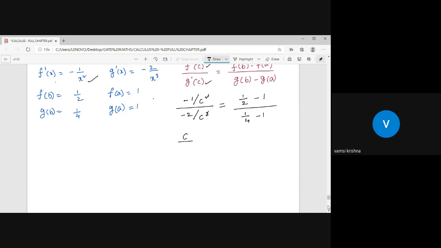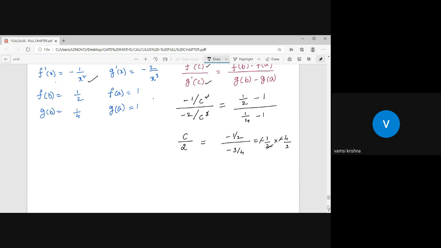1 c in the denominator 2. You have c by 2 equals 1 minus half, which means simply half, and 1 by 4 minus 1 is minus 3 by 4. So here you will get numerator as 1 by 2, and the denominator minus 3 by 4 becomes reciprocal, that is minus 4 by 3.